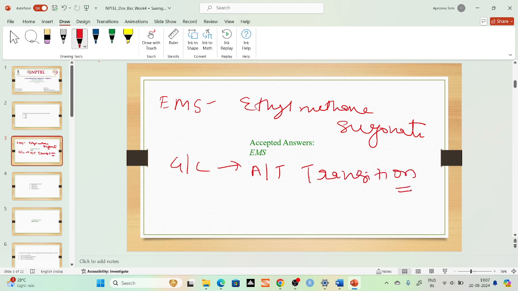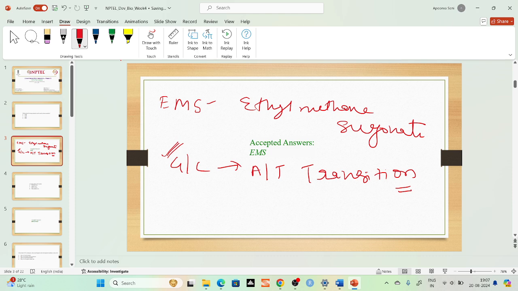So what is a mutagen? A chemical or an agent that causes mutation is known as a mutagen. This EMS, ethyl methane sulfonate, is a mutagen and it causes base mispairing or base mismatching, which results in GC to AT transition. Remember this, that EMS causes GC to AT transition.